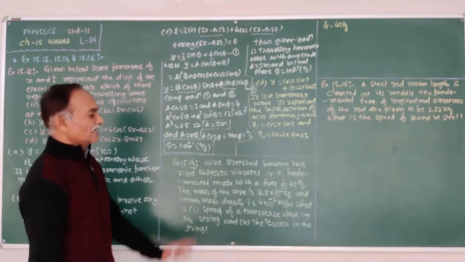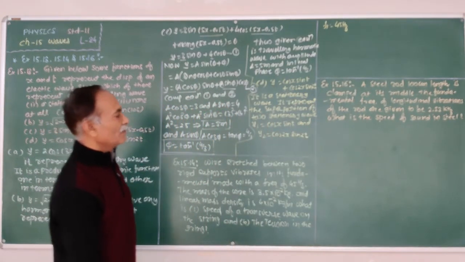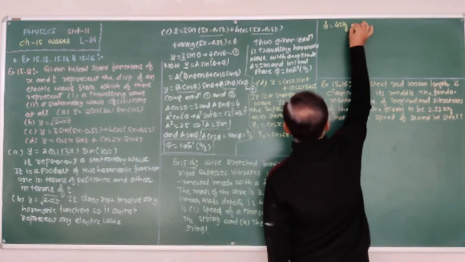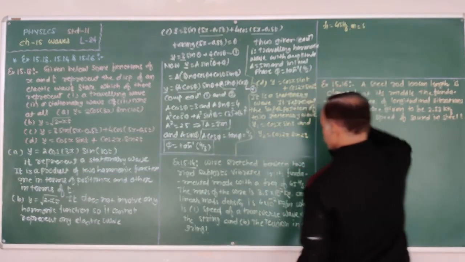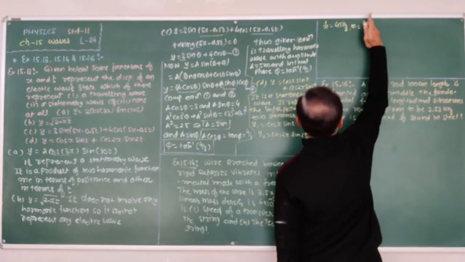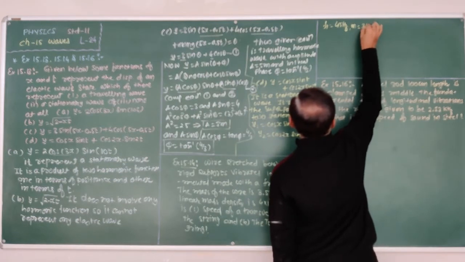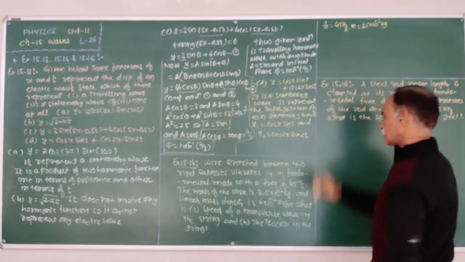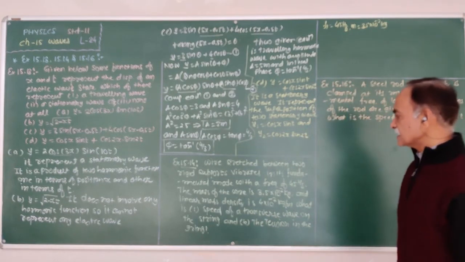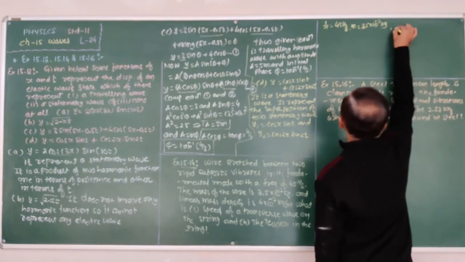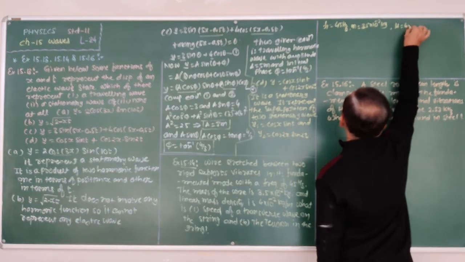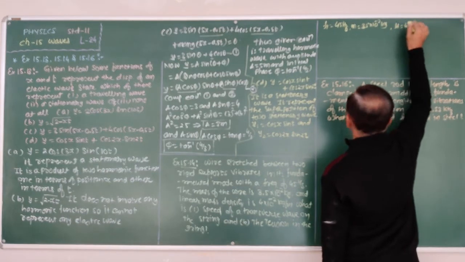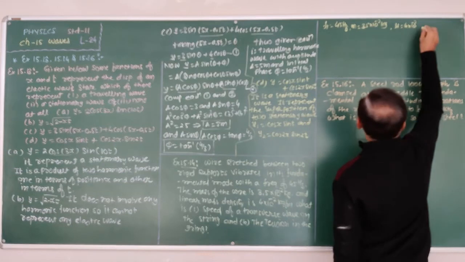The mass of the wire is 3.5 into 10 to the power minus 2 kg. Mass M is equal to 3.5 into 10 to the power minus 2 kg. And the linear mass density mu is given as 4 into 10 to the power minus 2 kg per meter.